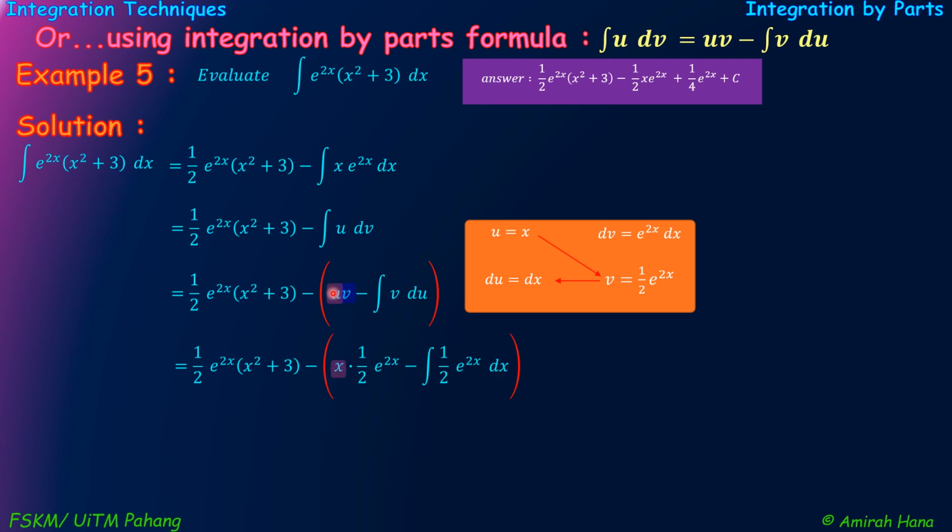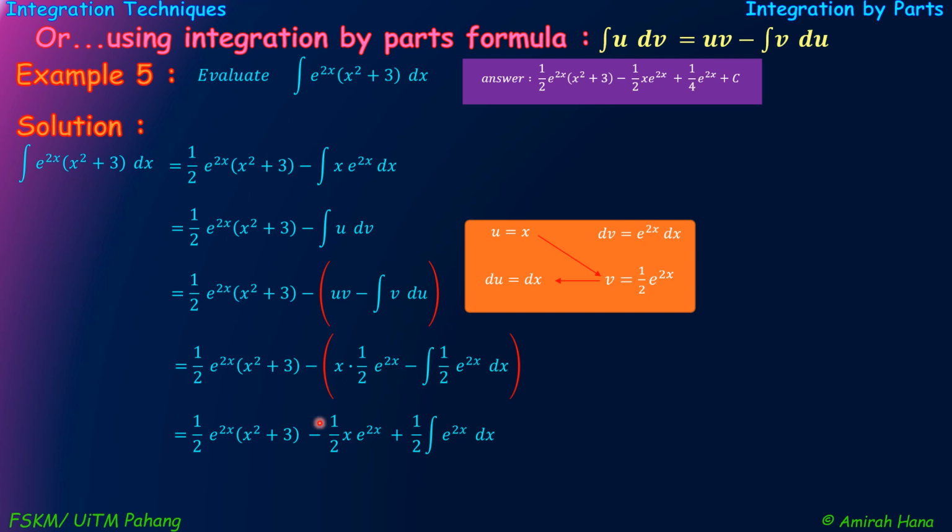So we check one by one. Our u equals x, v equals half e to x, and then minus v equals half e to x again, and du equals dx. And then we have half e to x squared plus 3.